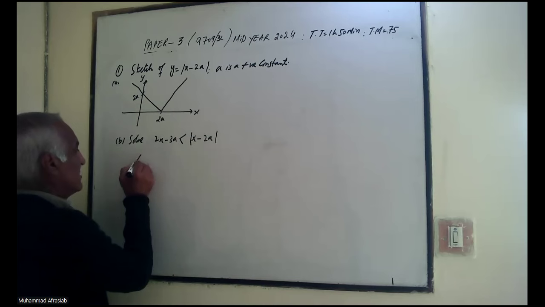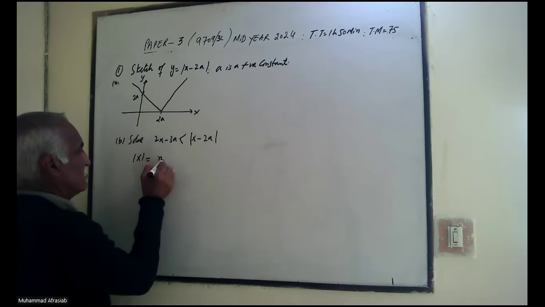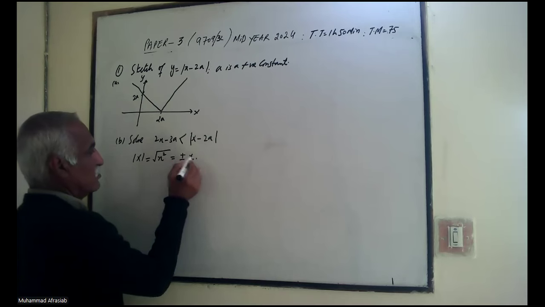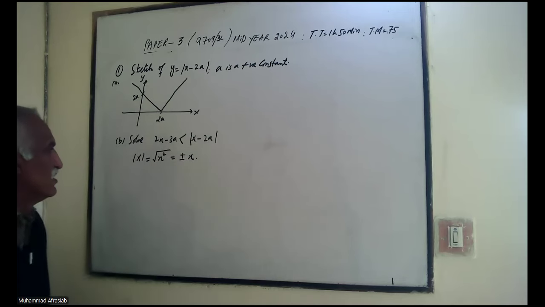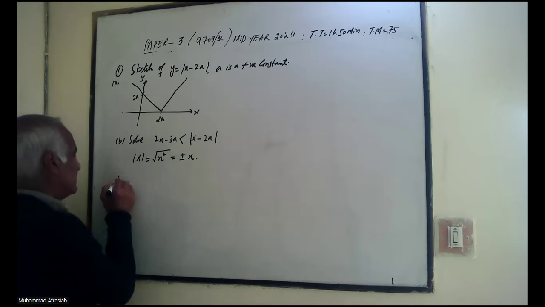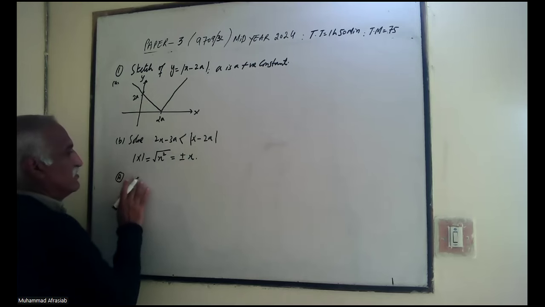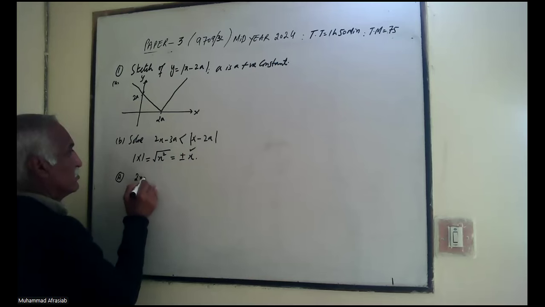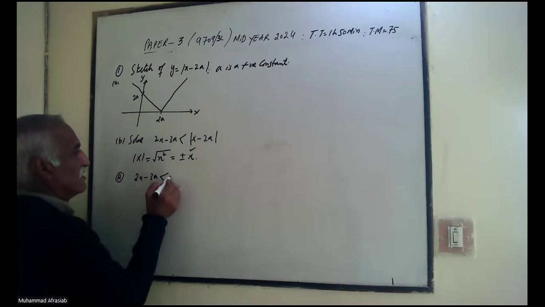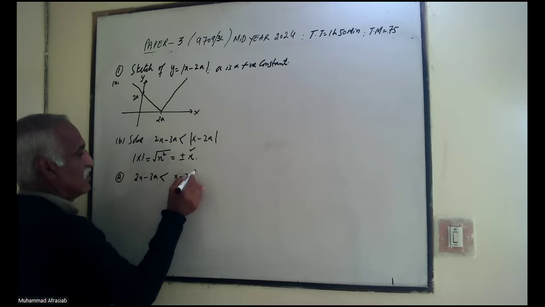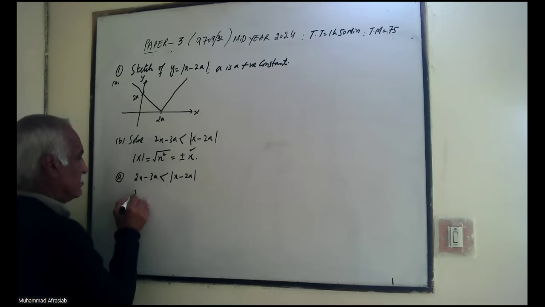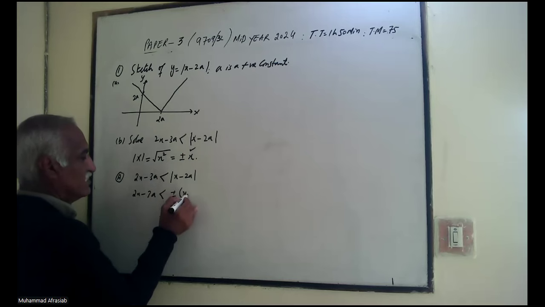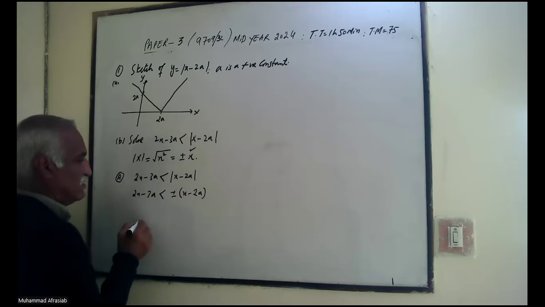We know that the modulus of x is equal to the square root of x square, or it is equal to plus minus x. Method A is when we use this property, plus minus x. So 2x minus 3a is less than plus minus x minus 2a.